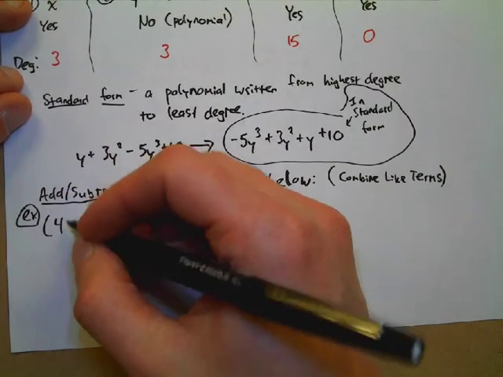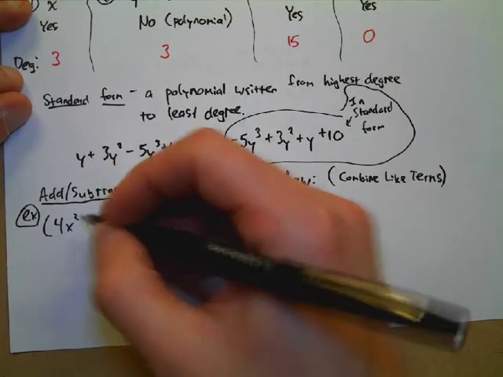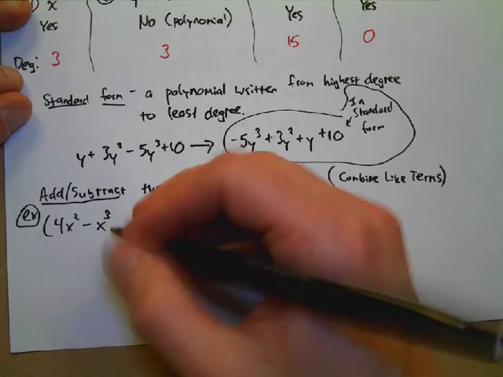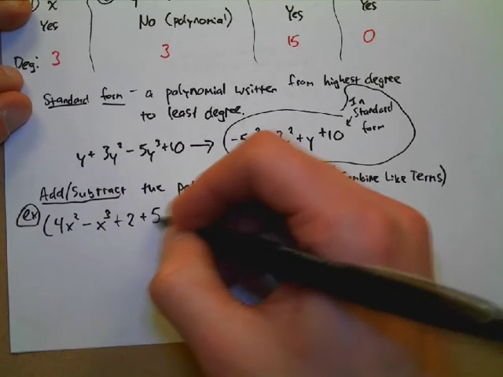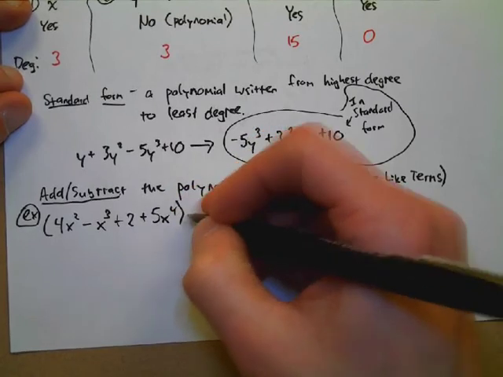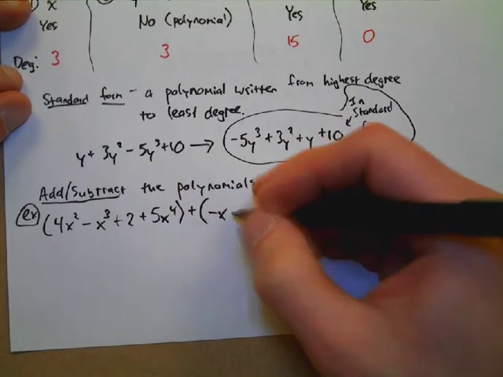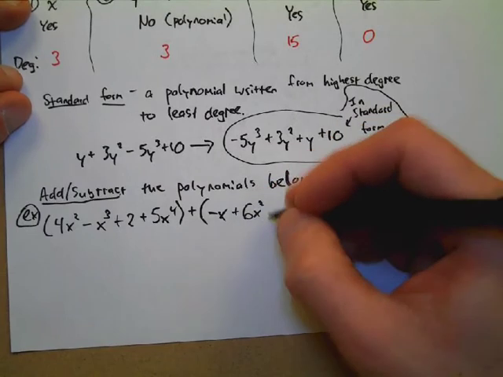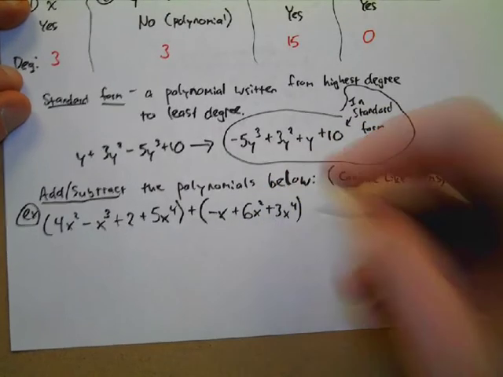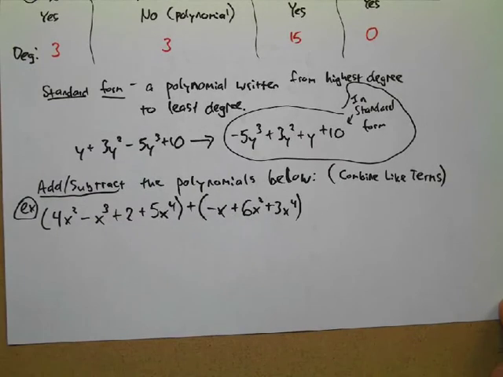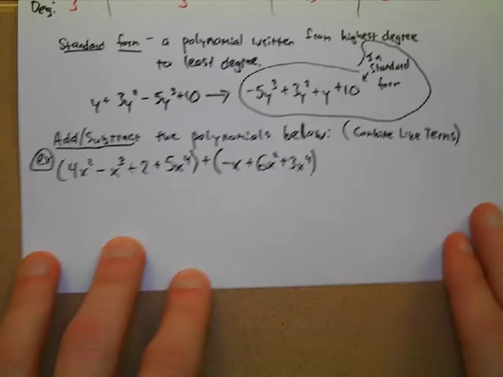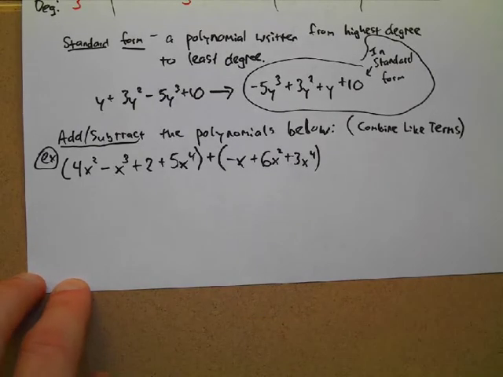All right, 4x squared minus x to the third plus 2 plus 5x to the fourth. And we'll add negative x plus 6x squared plus 3x to the fourth. Okay, so we're adding. All right, so let's go to Evelyn.